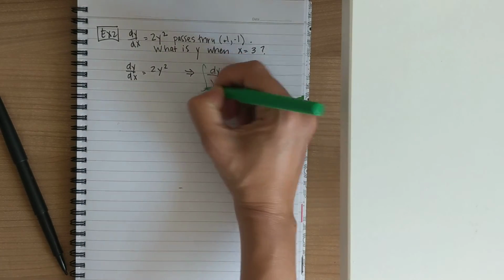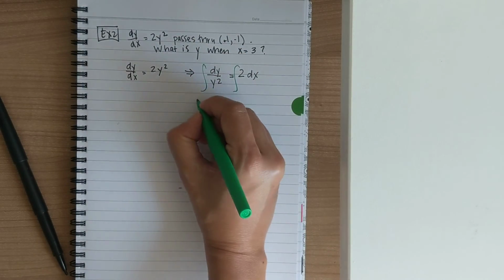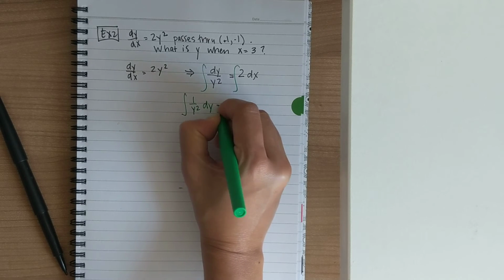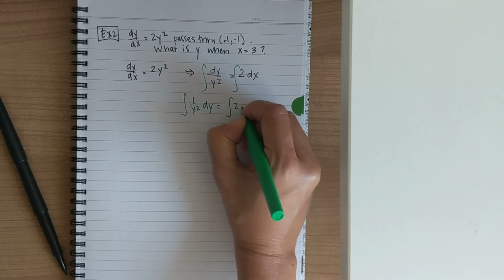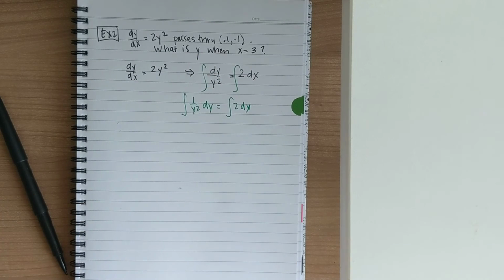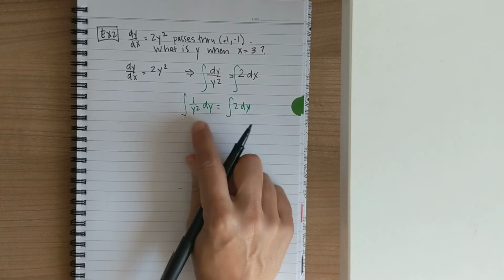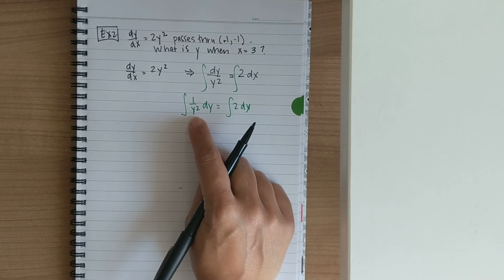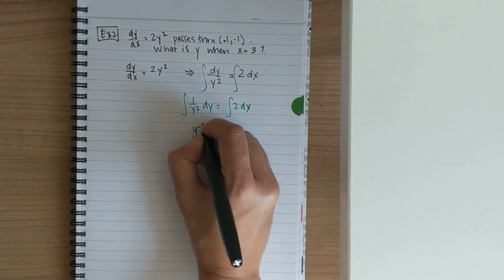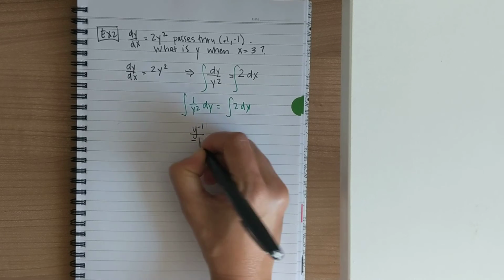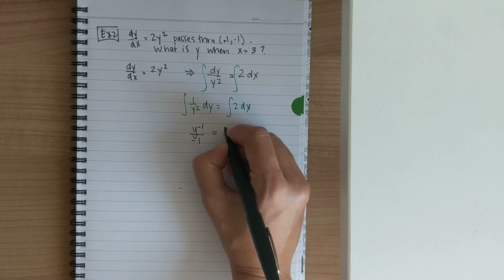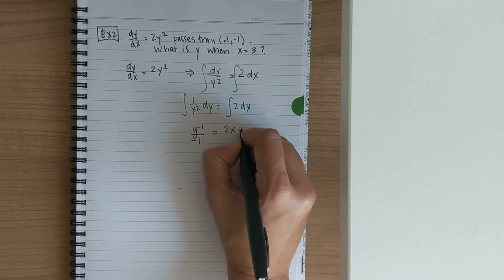So let's rewrite it. This ends up being 1 over y squared dy equals 2dx. All right, so y to the negative 2, if I add 1, is going to be y to the negative 1 over negative 1, equals 2x plus c.